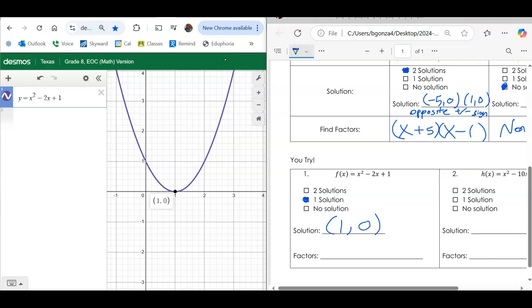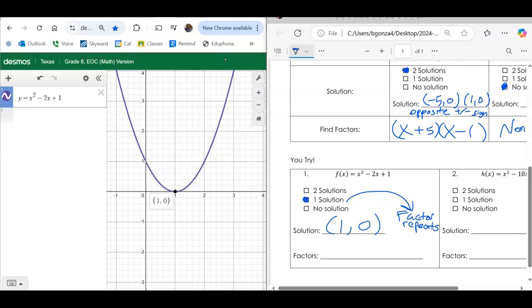Now this is weird. There has to be 2 solutions. So what happens when there's 1 solution? That means your factor repeats, okay? So when you have 1 solution, your factor repeats. What do I mean?